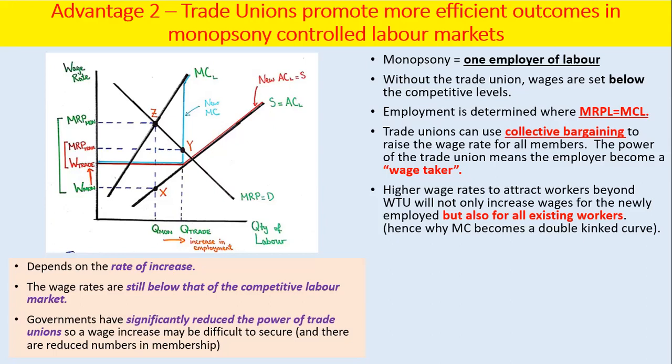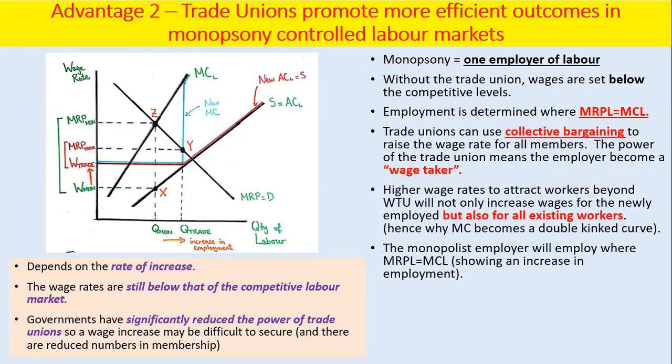So let's say, for example, if I wasn't part of a teachers union and the union did manage to secure a trade union markup for all teachers across the UK, I would still benefit from that. So therefore, the marginal cost of employing one more worker will also increase as well. And that's why we've got that double kink in the marginal cost curve.